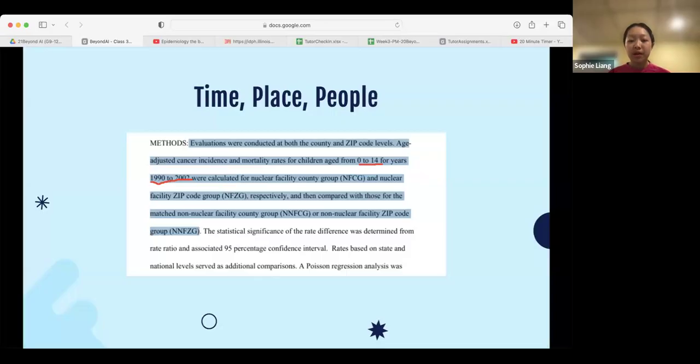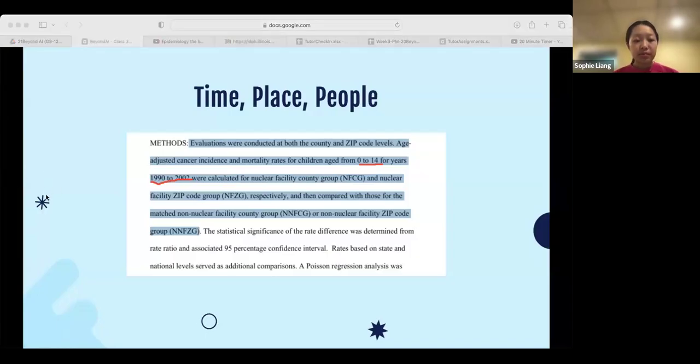Can someone else find the place? Okay, place is a little bit tricky. I'll underline it. It's not really one place, it's more of a few places.